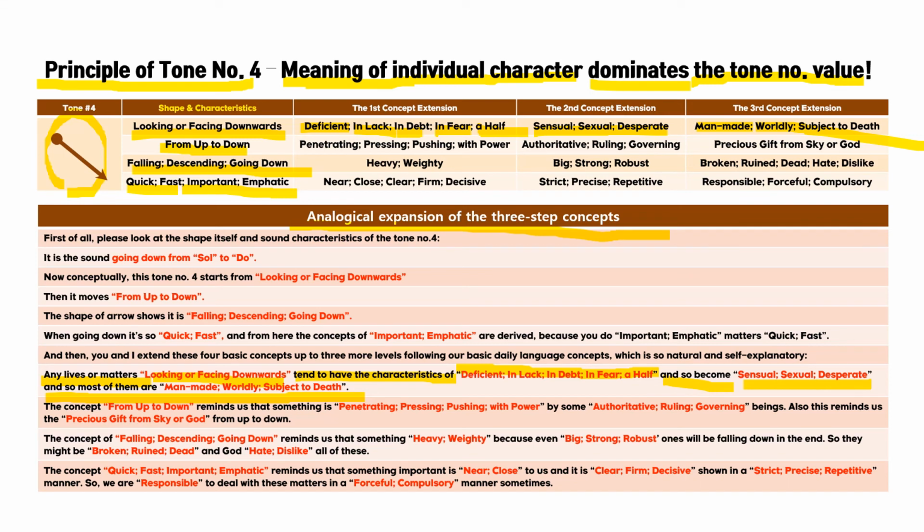Can you imagine this type of conceptual development? Looking or facing downwards, from this concept, we can develop these concepts. Maybe you may not agree with this, but please try to understand this is not the fundamental rule or law, but I would suggest for the first time why a specific Chinese character has a specific tone number.